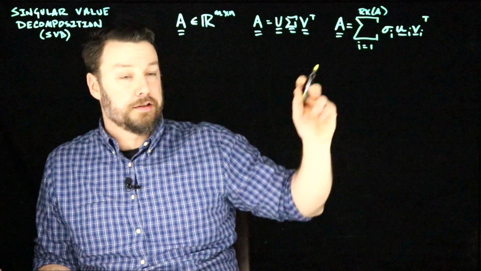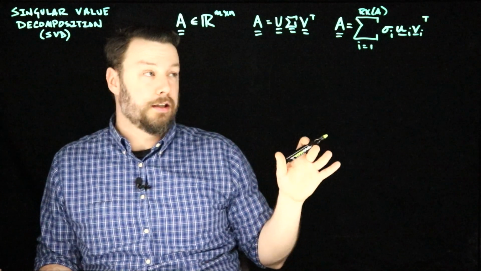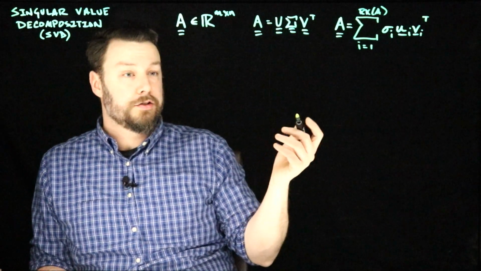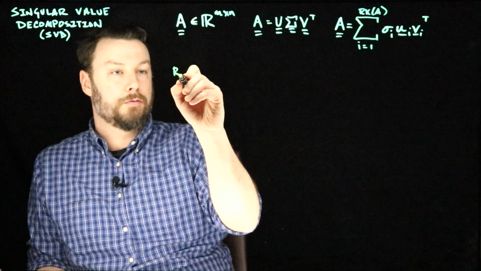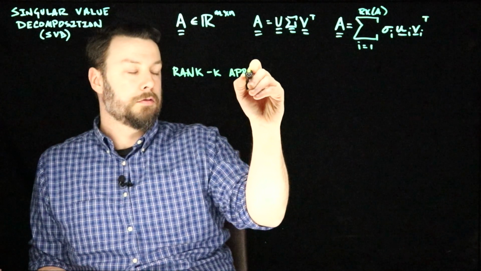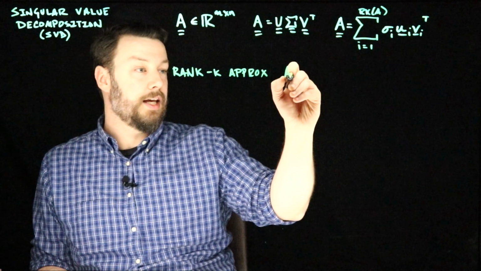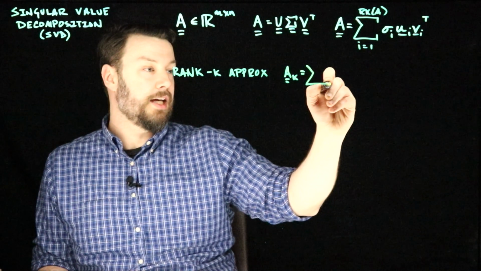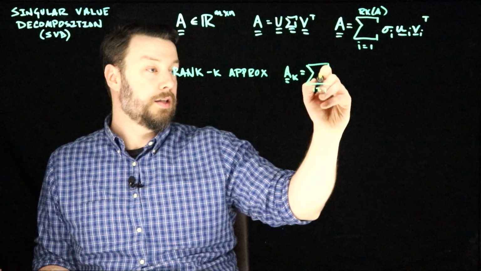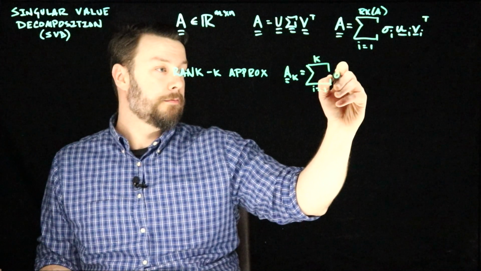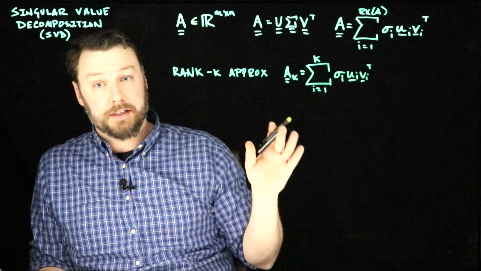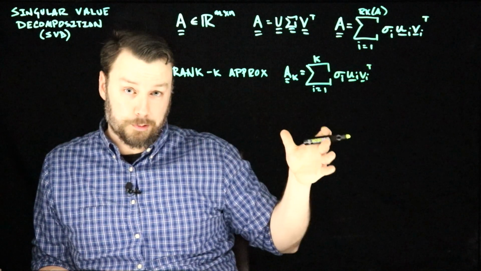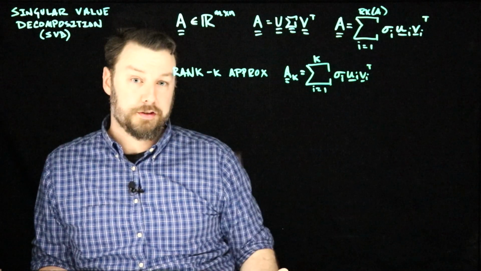The appeal of this is it allows us to get at the idea of a rank K approximation via what we might call a truncated SVD. So we could write that rank K matrix as A sub K, and instead of summing all the way to the rank of A, we're only going to sum up to K. And because the sigmas are in decreasing order, this is summing up the outer products associated with the largest singular values.